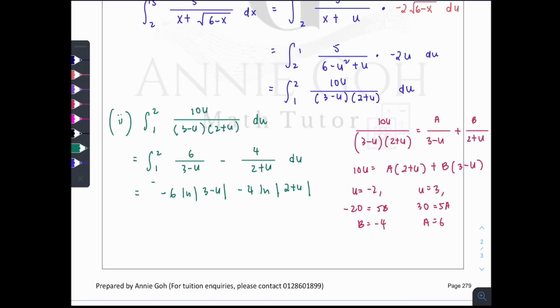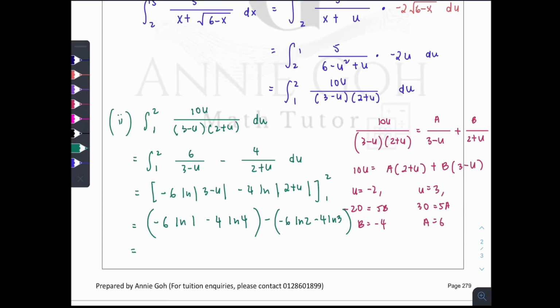Now we can substitute the limits from 1 to 2. Substituting 2, we get negative 6 ln 1 minus 4 ln 4. And substituting 1, we have negative 6 ln 2 minus 4 ln 3.